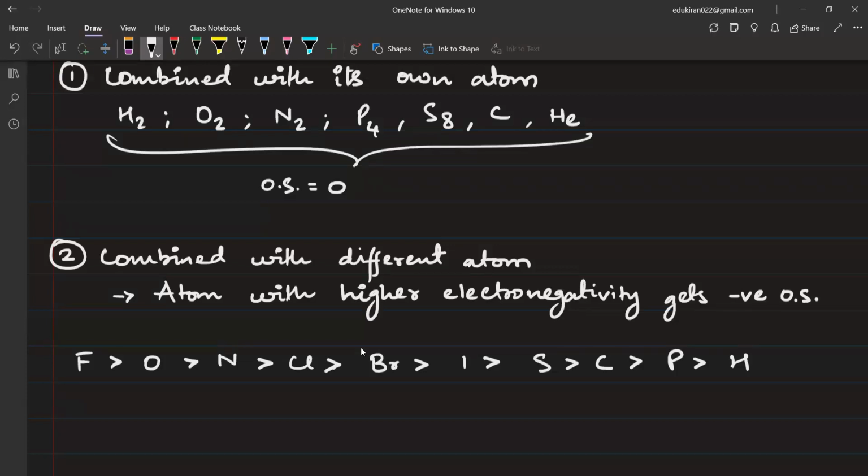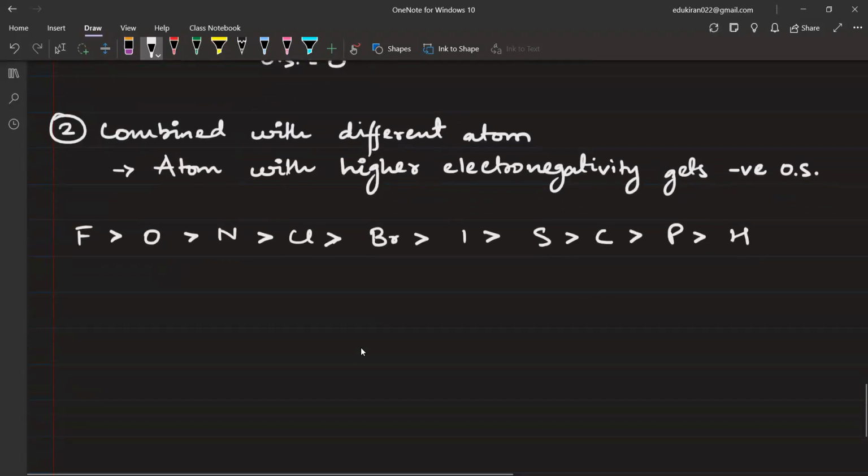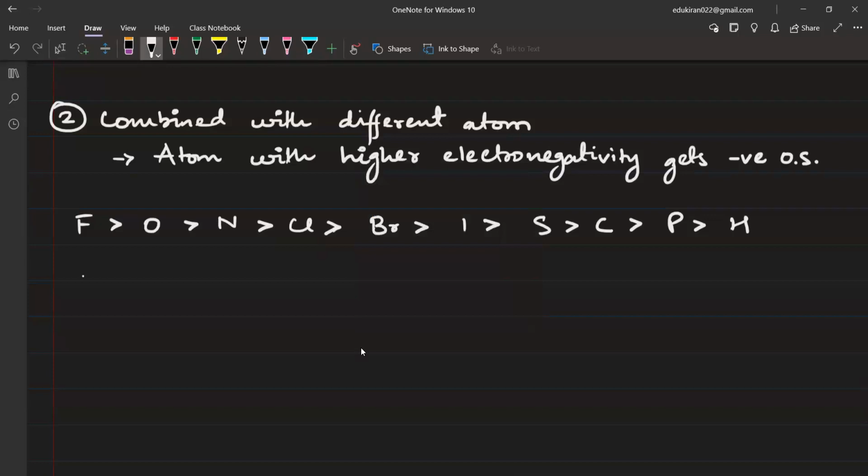So for sure, if I have a compound such as HCl, in this, which is having more electronegativity, hydrogen or chlorine?